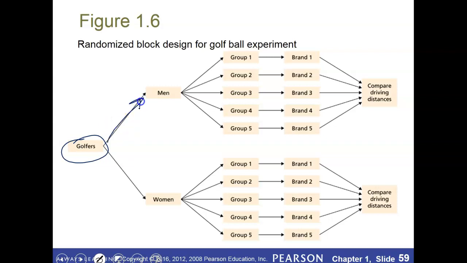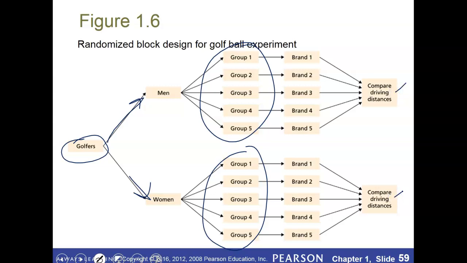Now we're going to take 20 men and 20 women. We're going to take the men and divide them into 5 groups, and the women and divide them into 5 groups, and give them the different brands and see if there's a difference between how the men and the women using different brands of golf balls had the length of their drive affected. And so that's an example of a random block design.